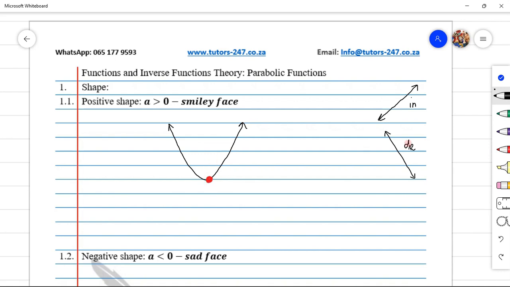So we are going to denote this point here as the x value of our turning point. So if we were to answer this question, when is it increasing? That would be for the values of x greater than the x value of our turning point.